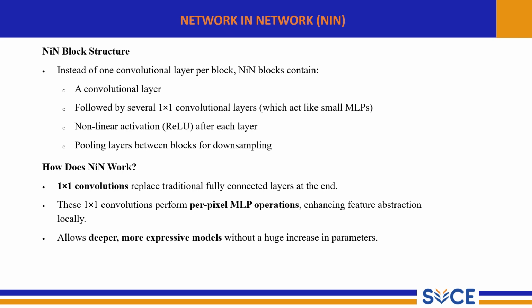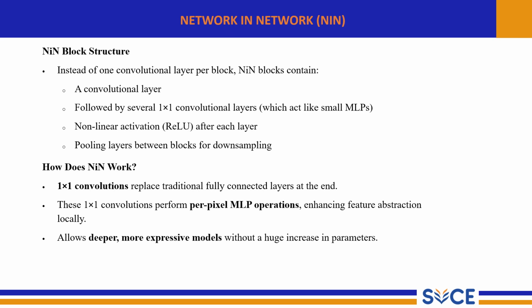This is followed by several one-by-one convolutional layers, which act like tiny multi-layer perceptrons applied at each spatial location. After each layer, a ReLU activation introduces non-linearity, allowing the network to learn complex patterns. Between blocks, pooling layers are used to downsample the feature maps and reduce computation.